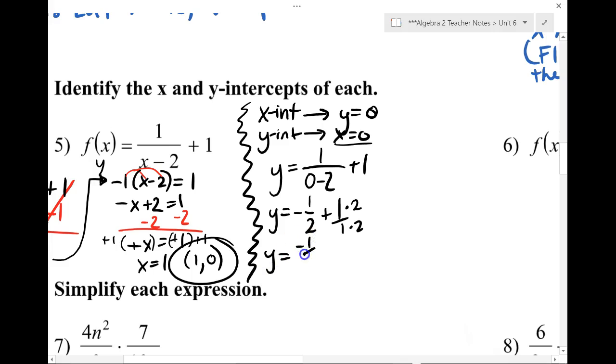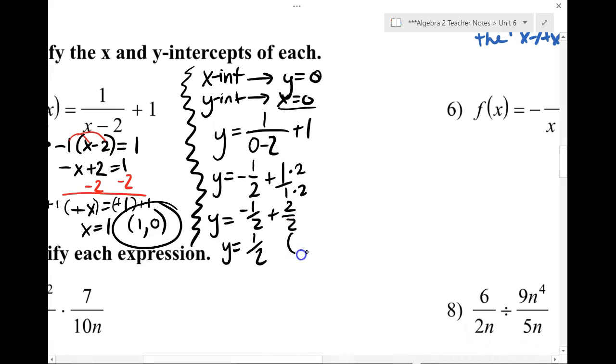And now I have negative 1/2 plus 2 over 2. So then y is equal to negative 1, add the numerators, negative 1 plus 2 is just 1, so we have 1/2. So then our y-intercept is that x equals 0 and y equals 1/2.